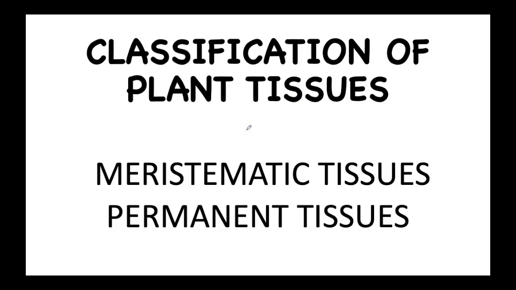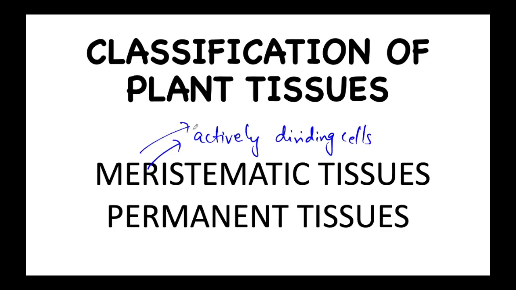Now come to plant tissues. Plant tissues are divided into two types, meristematic tissues and permanent tissues. What are meristematic tissues? Meristematic tissues are made up of cells which are actively dividing, and they are present at the tip of the root and shoot.